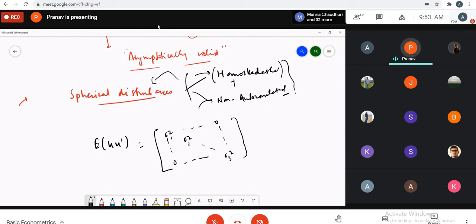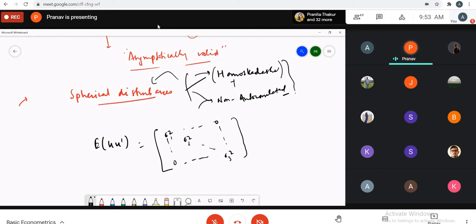If it gets violated, it is called heteroskedasticity. And if error terms still continue to be non-autocorrelated and only the variances change, what we have is the presence of heteroskedasticity in the OLS model.